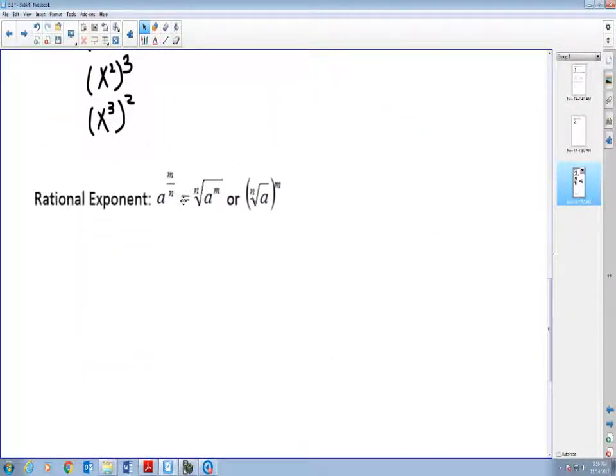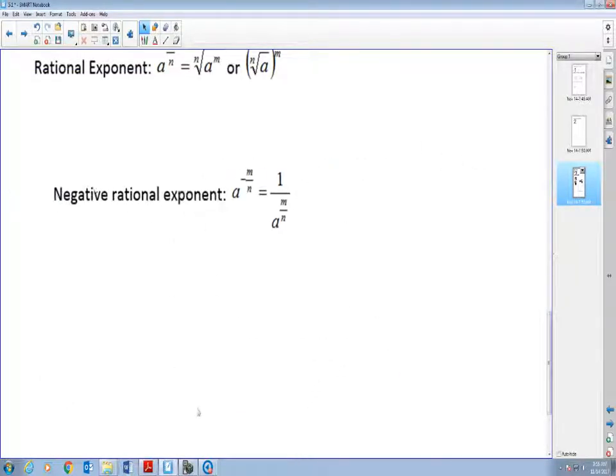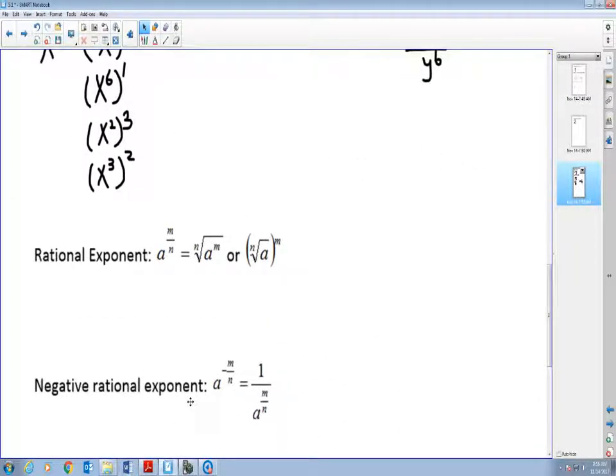Alright, now the rational exponent and the negative rational exponent rule. Rational exponent, I've explained this before in other videos. When the exponents are fractions, they actually turn into a radical. The denominator determines the root. The numerator tells you the base is raised to that power on the inside, or it can be the whole thing to the n power.